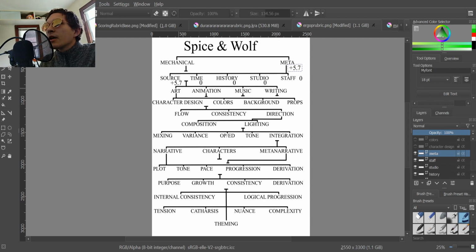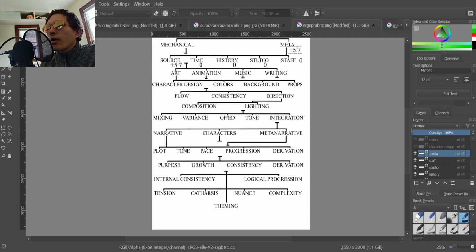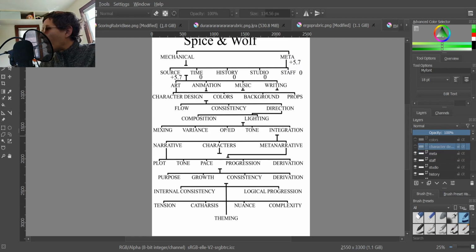Okay. So now let's get into art. Character design. Character design in Spice and Wolf, for me, is really strong. I like it. This is not the actual score. Like I said, I've got to adjust everything. These are old scores from a different show that I was working on. I think it's actually really strong.